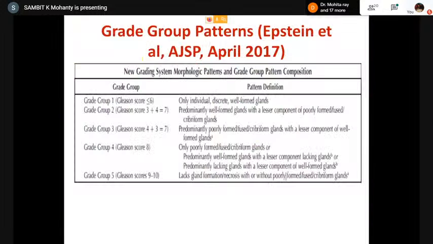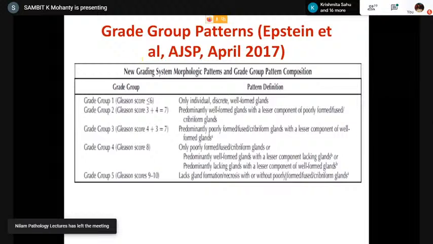So grade group 1 is basically when you see only discrete, individual, well-formed glands, which is Gleason 3 plus 3. The lowest Gleason grade in a biopsy is Gleason 6. In grade 2, do not give a 1 or 2 kind of diagnosis, like Gleason 1 plus 4. The lowest grade is 3 plus 2.